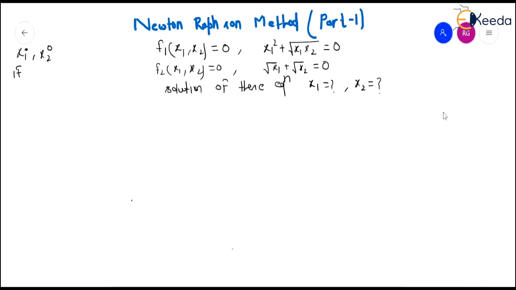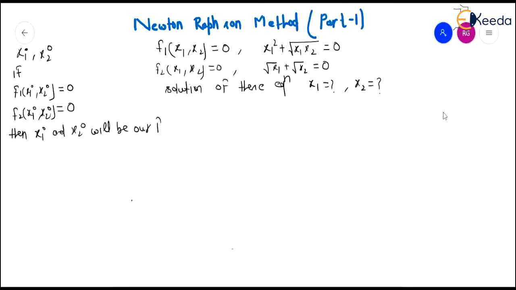By putting the x1 naught and x2 naught value in the first and second equation, if f1 of x1 naught, x2 naught is equal to 0, or we can say f2 of x1 naught, x2 naught is equal to 0, then x1 naught and x2 naught will be our final solution.